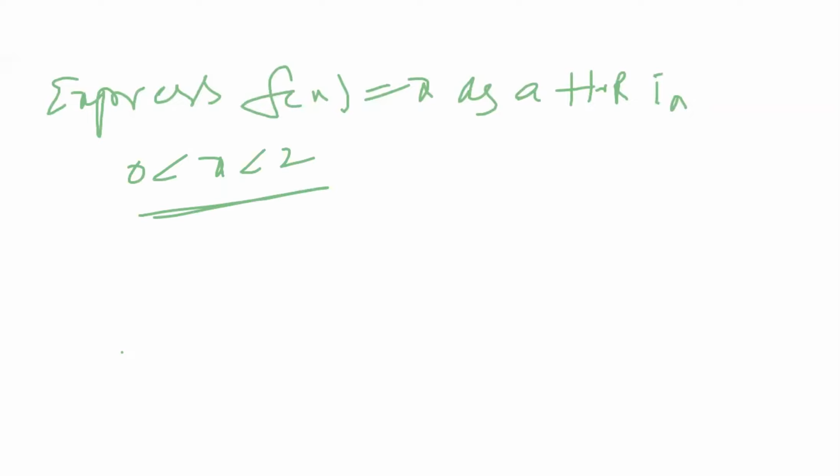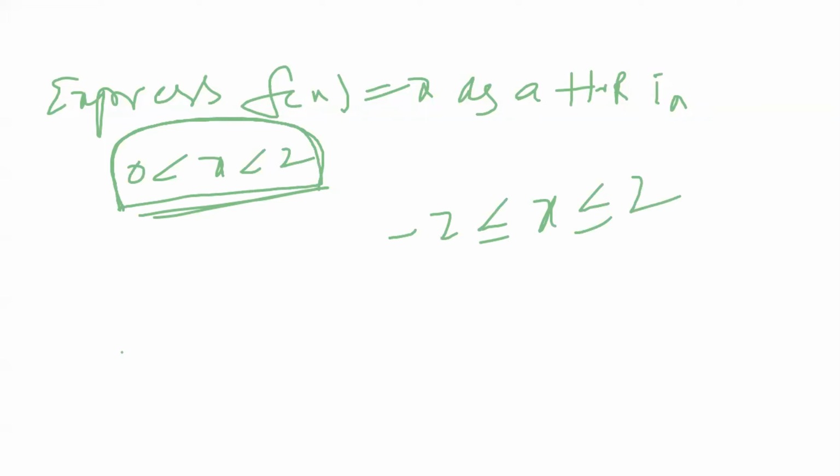So it is not possible to separate total series into two parts. The total series to convert into two parts, it is only possible in the even or odd function. In the even or odd function, the limits are starting from -2 to 2 or minus L to L, negative to positive, but the limits given in the problem are 0 to 2. It is not possible to separate the full range into half range series.